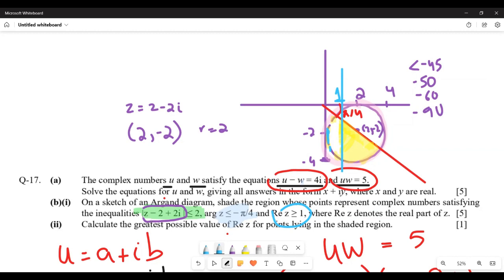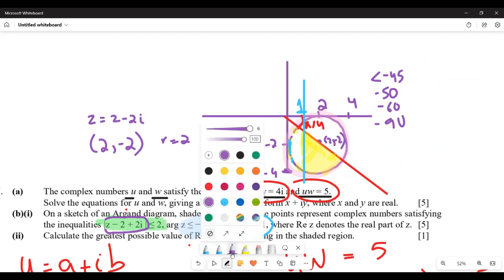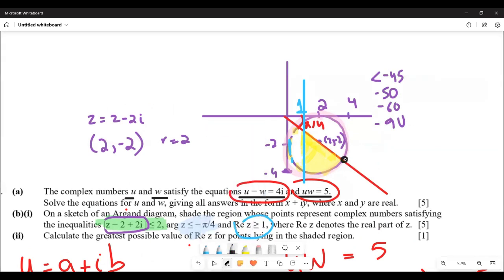The last part of the question is to calculate the greatest possible value of the real part of z for the points lying in the shaded region. Now in this yellow region, which point will have the greatest real value? Which point in the yellow region will have the greatest real value? It would be this point, because it will have the maximum possible value on the x-axis, which is the real axis.